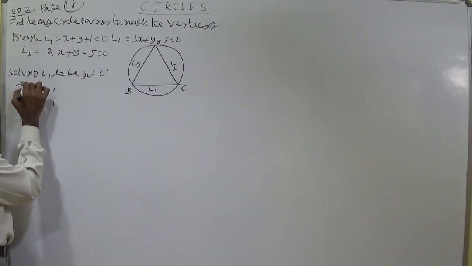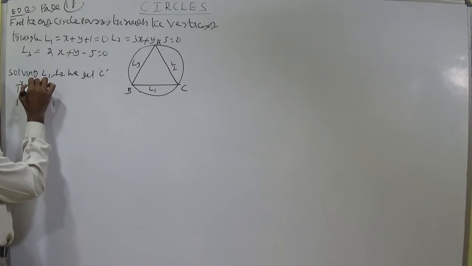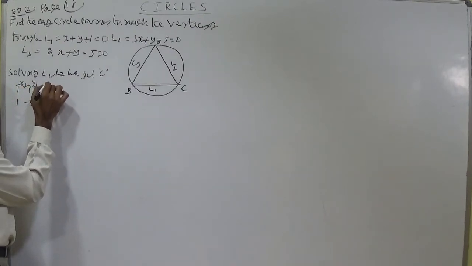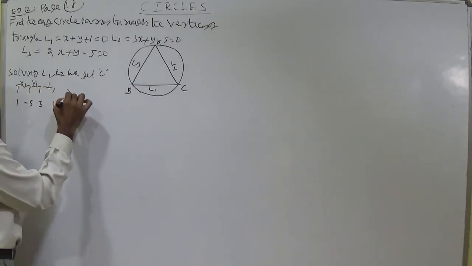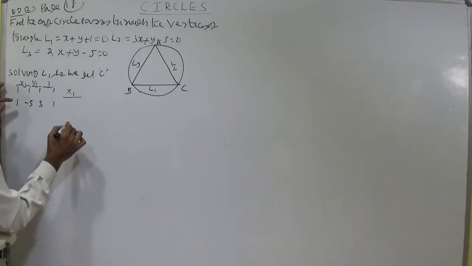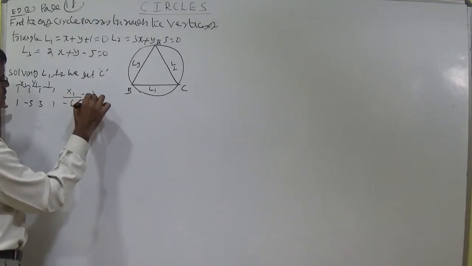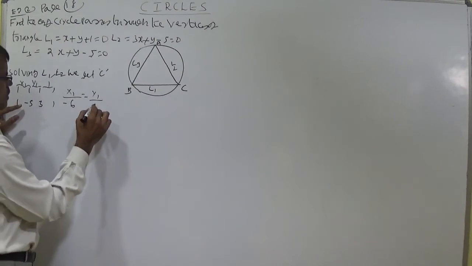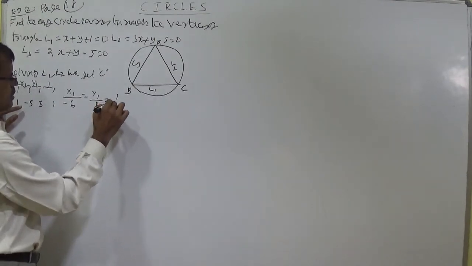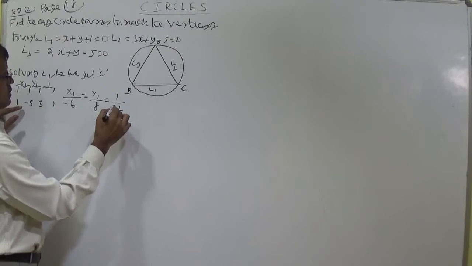This is for x1, this is for y1, and this is for 1. So x1 by minus 5 minus 1, minus 6, and y1 by 3 plus 5, this is 8, and 1 by 1 minus 3, minus 2.